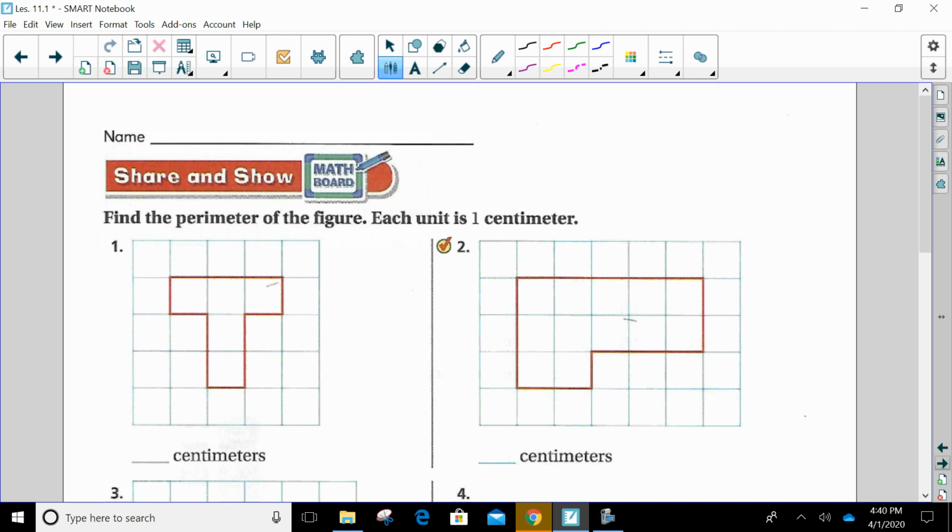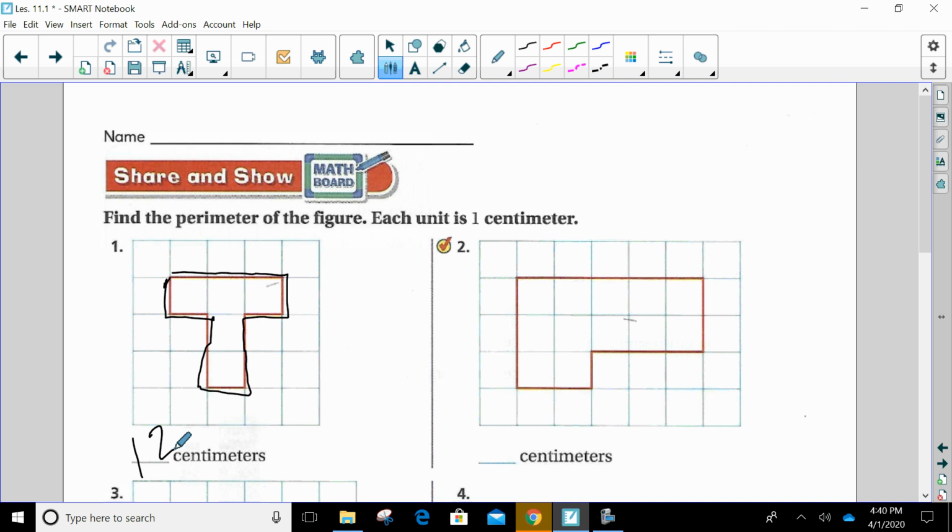Find the perimeter of the figure. Each unit is 1 centimeter. Well, let's start. We're going to go from corner to corner. 1, 2, 3, 4, 5, 6, 7, 8, 9, 10, 11, 12. 12 centimeters.